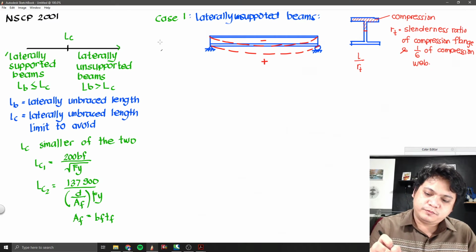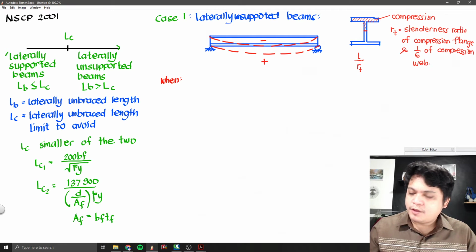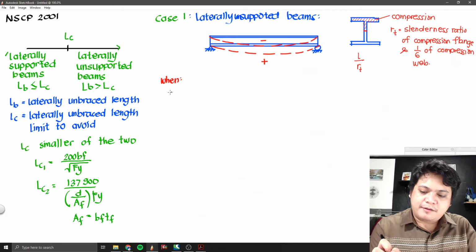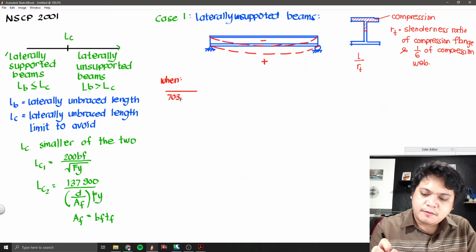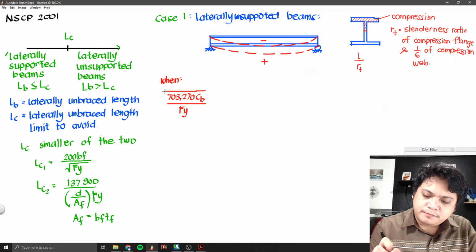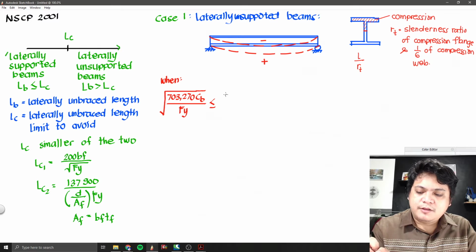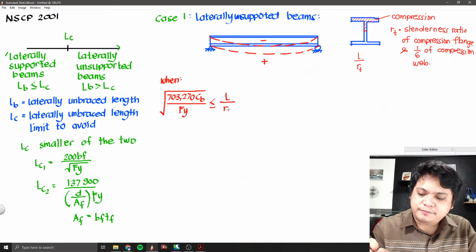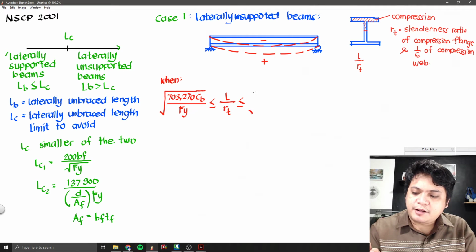Criteria 1: when L over RT is lower than, or rather higher than, 703 over the square root of Fy, or 270 CB, I will discuss CB over Fy later, and lower than the upper limit, so L over RT is in between.